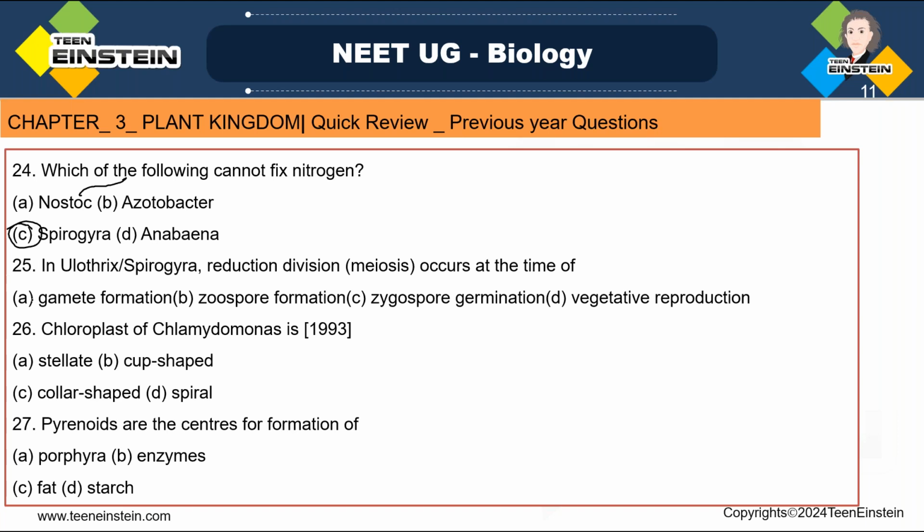Next, question number 25. In Ulothrix or Spirogyra, reduction division, that means meiosis, occurs at the time of zygospore germination. That is the right answer. The plant body of Ulothrix and Spirogyra is gametophyte.